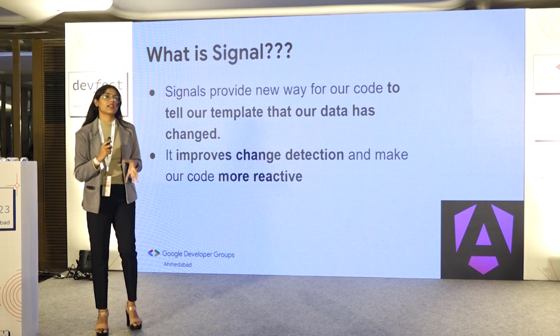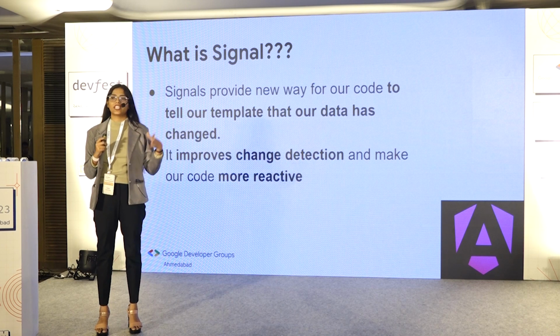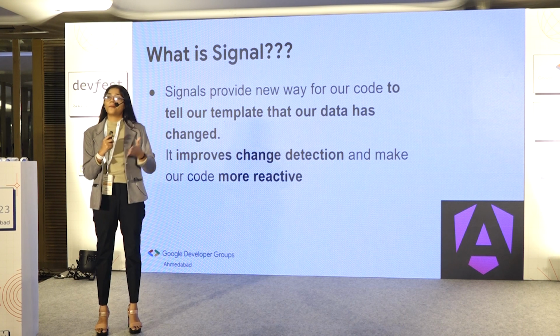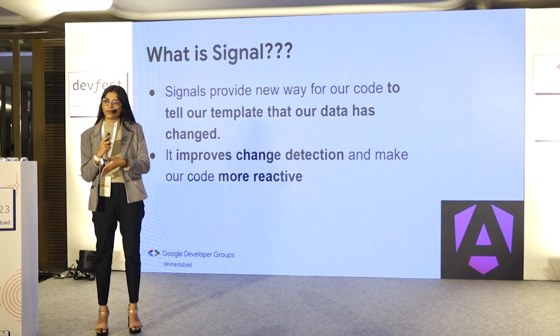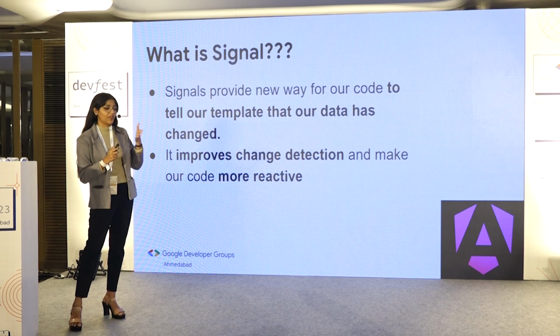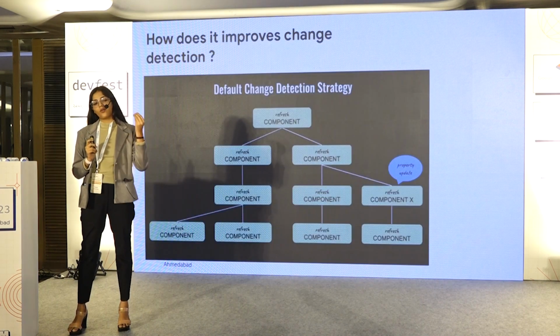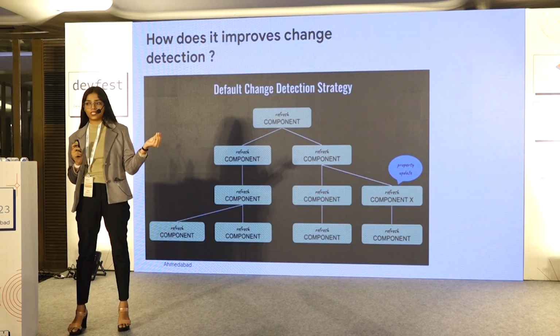In Angular, we have so many ways to find out that the data has changed. One of them is change detection and so many things. But Signal also does this part and it is more reactive. Now, I have mentioned here that it improves the change detection. But now see how it improves the change detection.